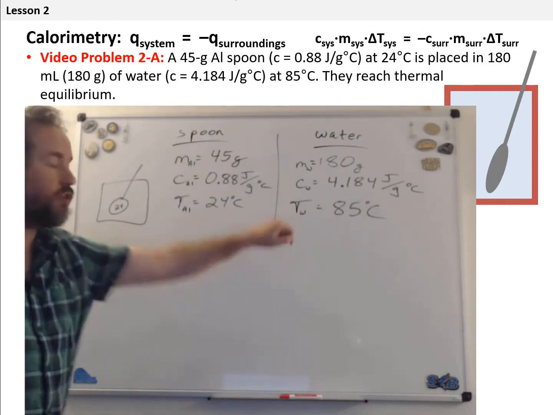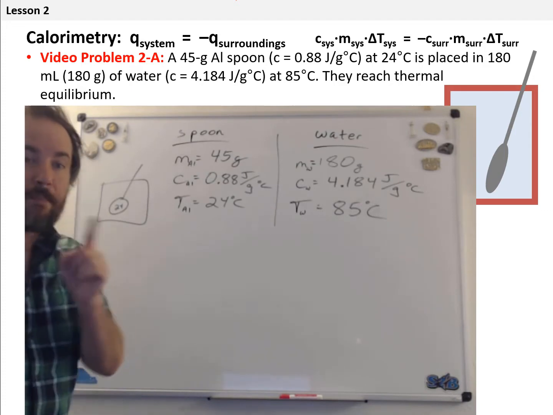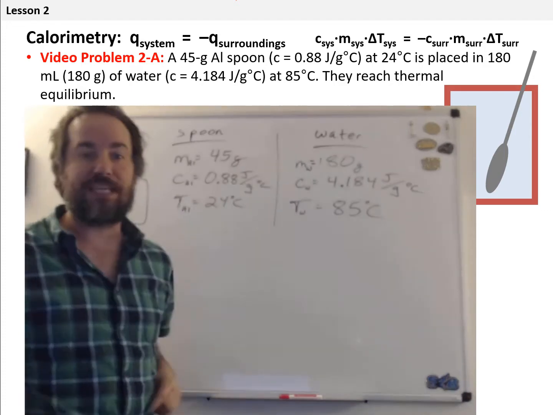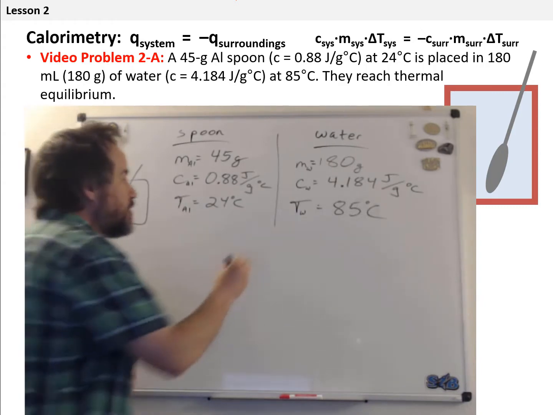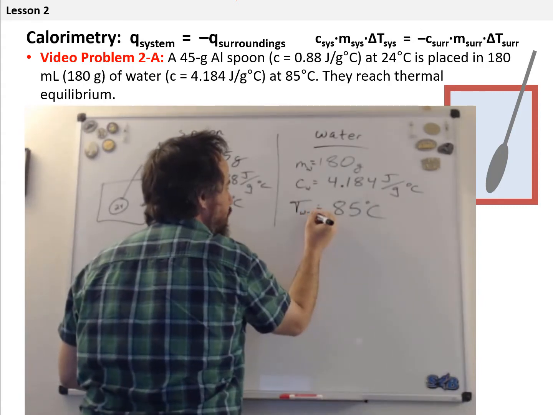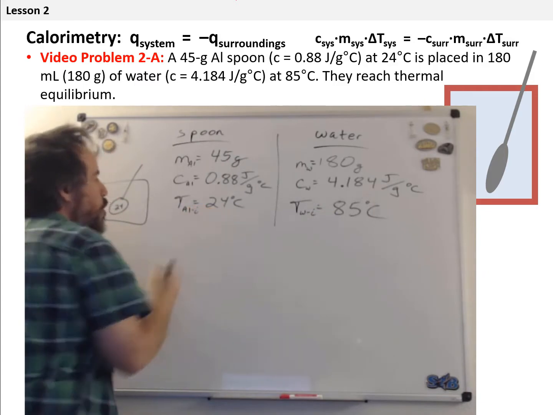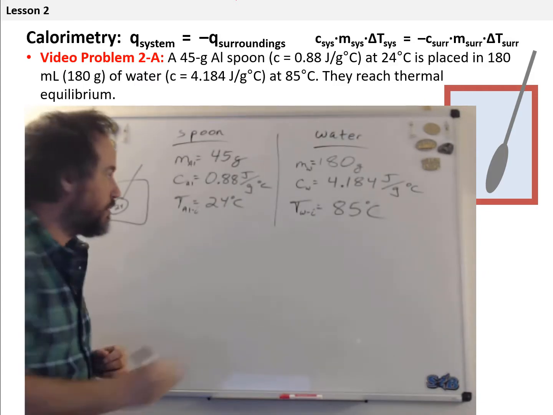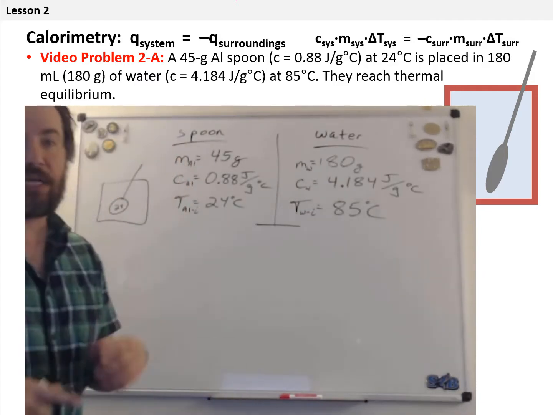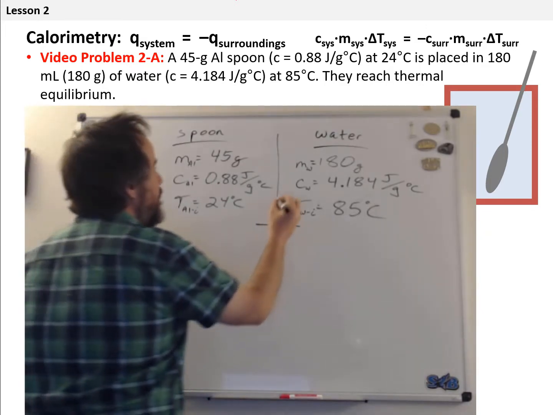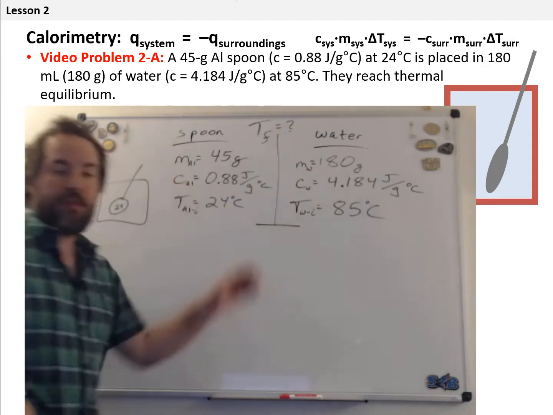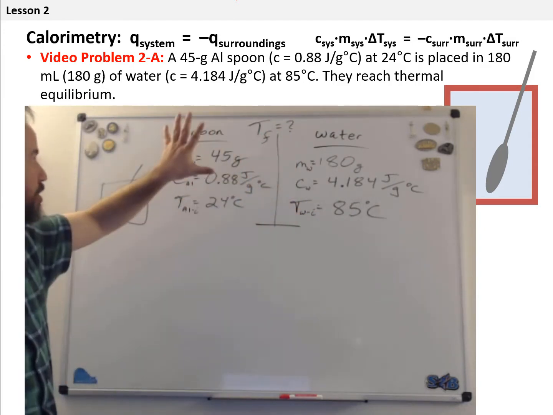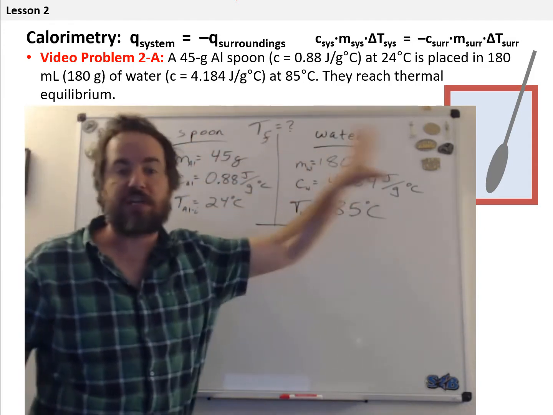Now, let's look at these temperatures. Remember, at the very top it says delta T. Are these delta T's? No. These are initial temperatures. We need to find delta T's, and actually we want to find the final temperature. The key is that the temperature at the end for the spoon and the water is going to be the same.